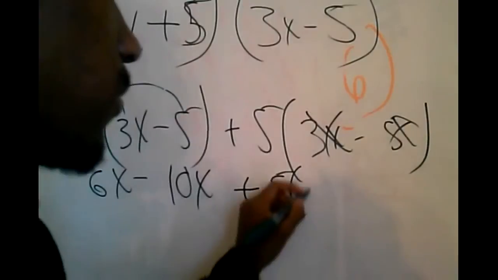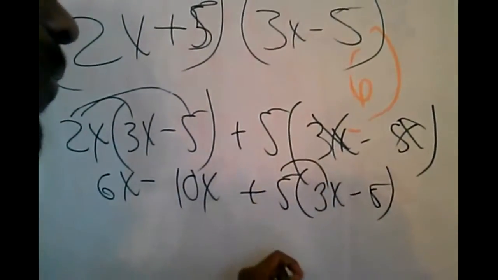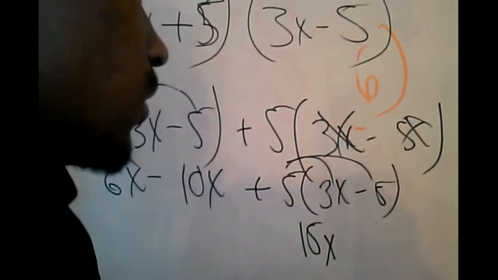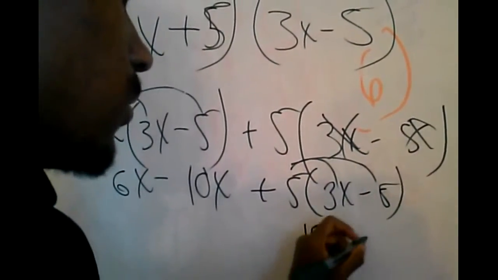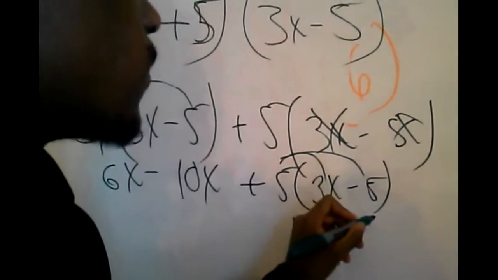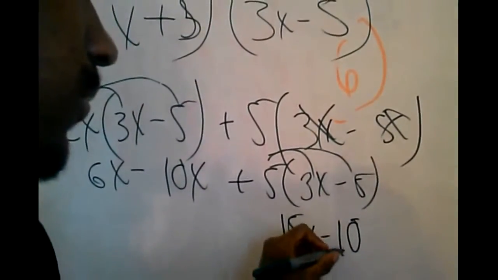Oh no, I didn't. 5x times 5 is 25x, and then minus 5 times 2 is 10.